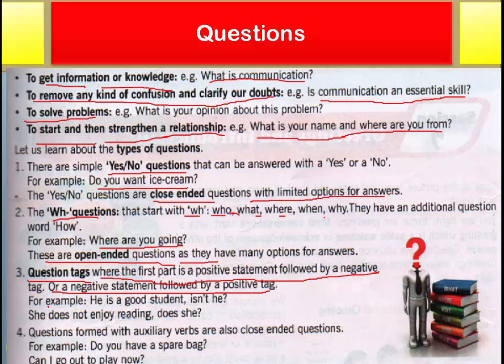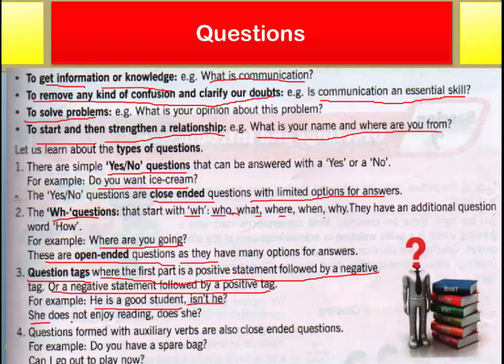If the statement is positive, the question tag will be negative. If the statement is negative, the question tag will be positive. For example, he is a good student. This is a positive statement, then the question tag will be negative: isn't he? I'm just confirming that the statement I am making is right or not.